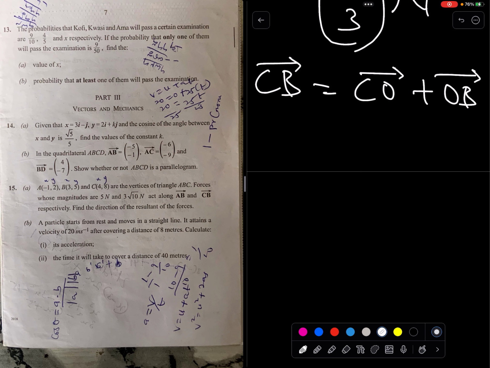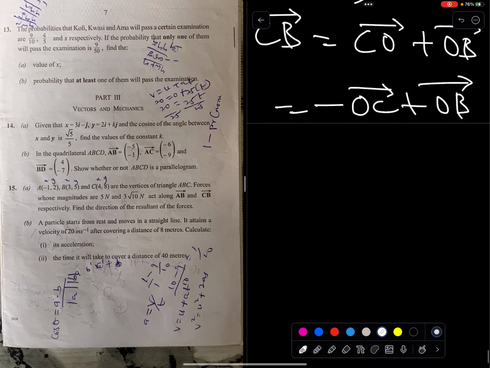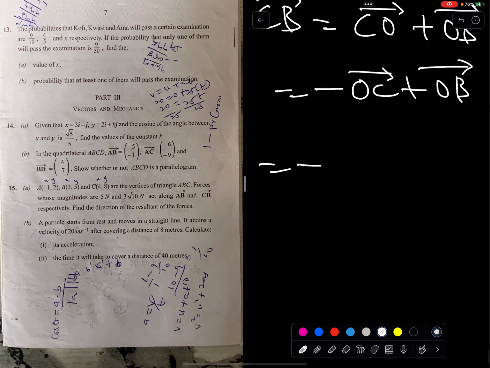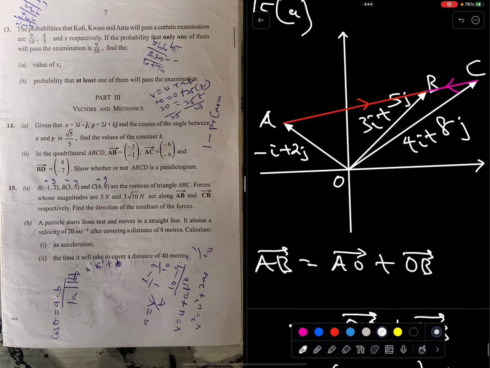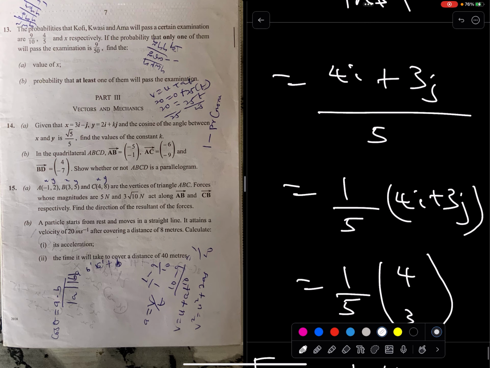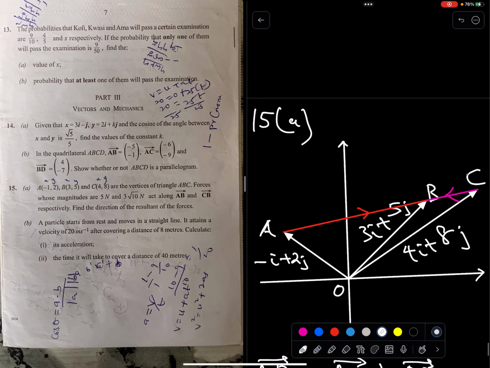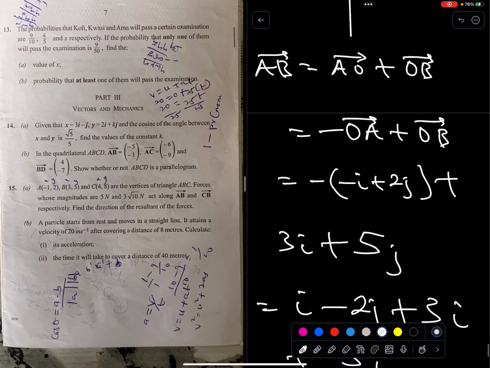So CB is equal to CO plus OB, which means minus OC plus OB. OC is 4i plus 8j, and OB is 3i plus 5j.